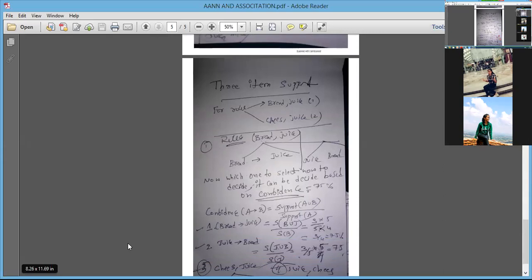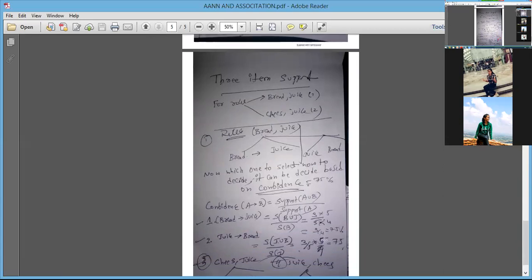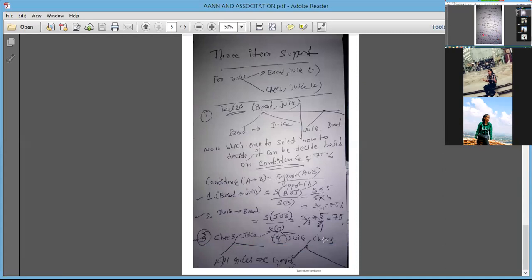The 5 will go up here, 5 and 5 get cancelled. So 3 divided by 4, that is 75%. So the bread and juice combination confidence is about 70%, so it is acceptable. Similarly, juice and bread.